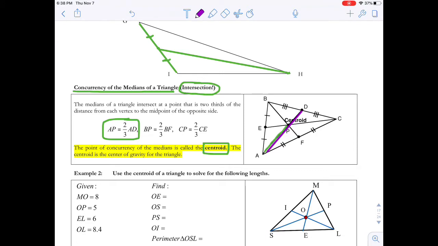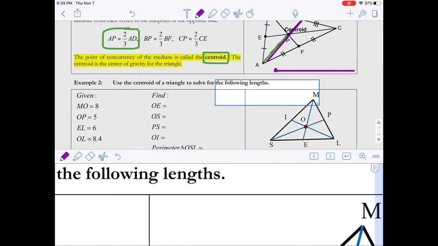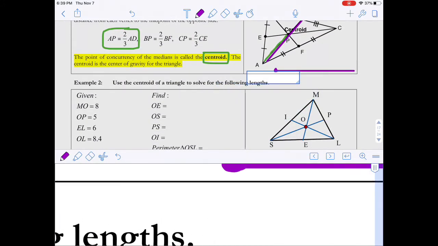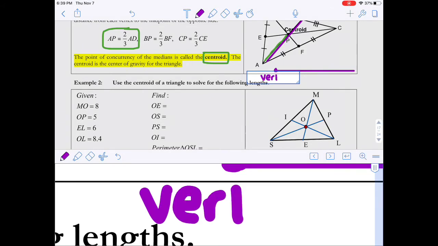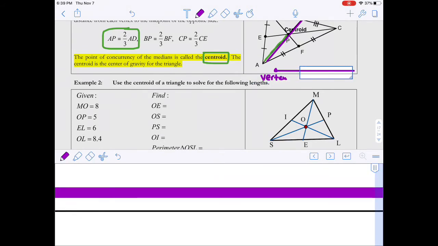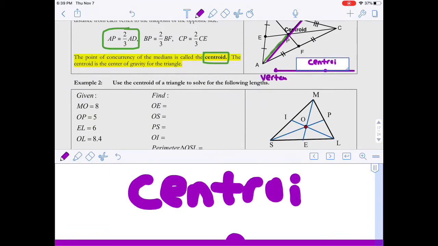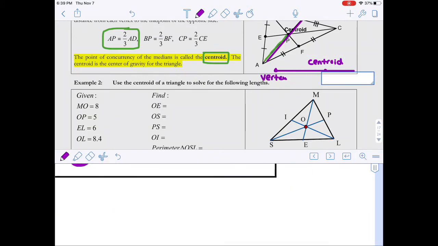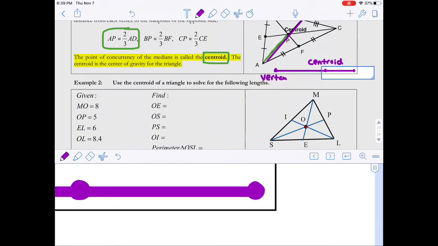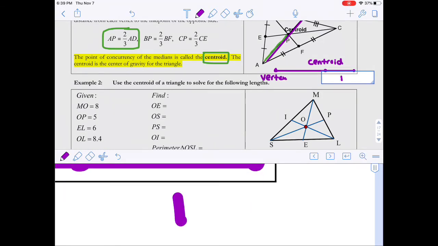So if you're going to draw this little sketch down here, I'll call this over here my vertex right here. We'll put another point. This will be my centroid. And then our last point over here will be our midpoint on the other end.